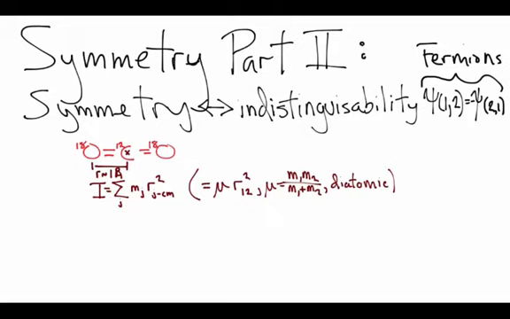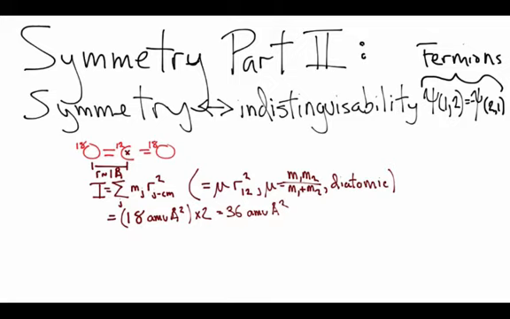But the general formula for moment of inertia is to find the center of mass and add up the sum of all of the masses times the distance from the center of mass to those individual masses. So for 18 oxygen, this is about 18 AMU angstroms squared times 2, because the distance is about 1 angstrom.